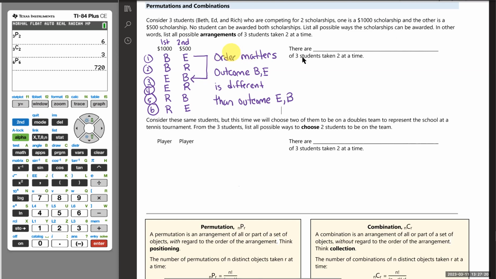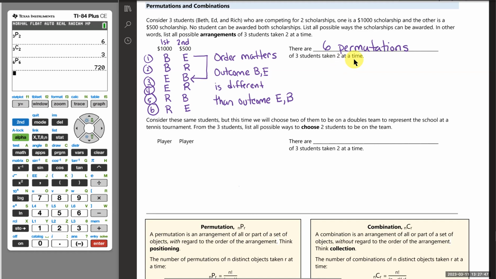So in this case, let me fill in the blank here. There are 6 of these arrangements, called permutations. And it's easy to remember it as P, permutation is like positioning. So order matters or positioning matters. So there's 6 permutations of these 3 students taken 2 at a time.